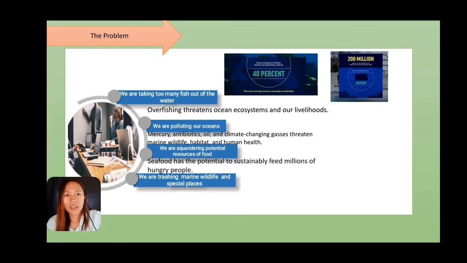So it's quite scary. Next, we are squandering potential resources of food. Fish is rich in protein, and even if you just have fish with rice, it can make your stomach full. It can feed millions of hungry people.